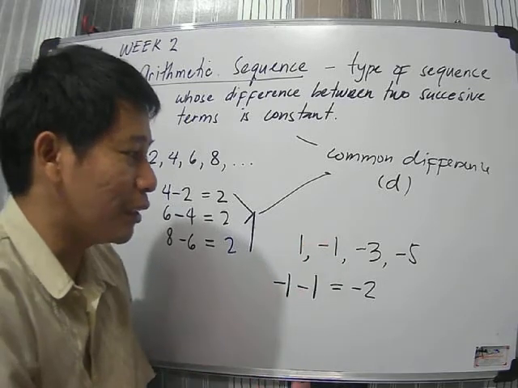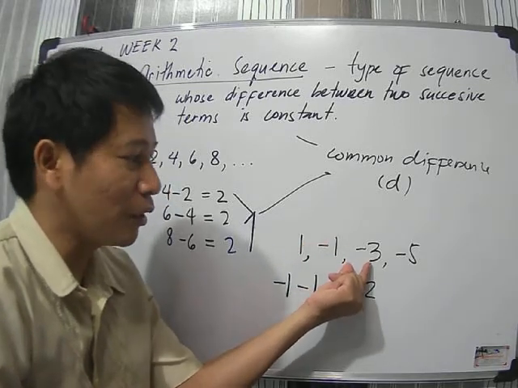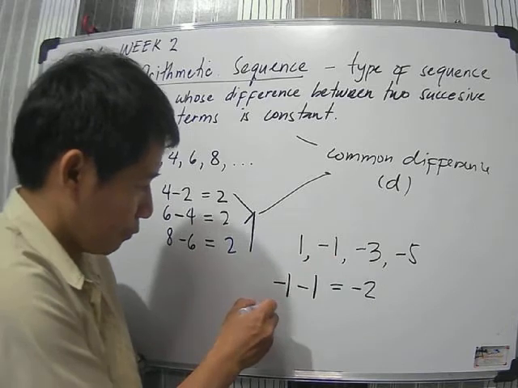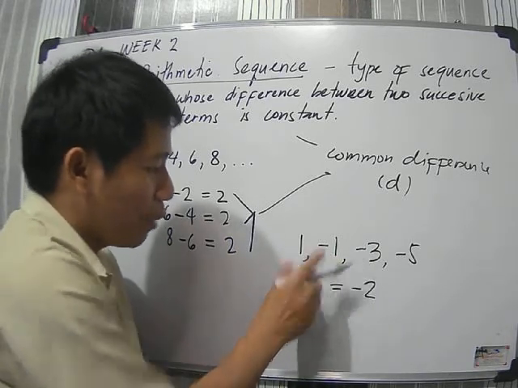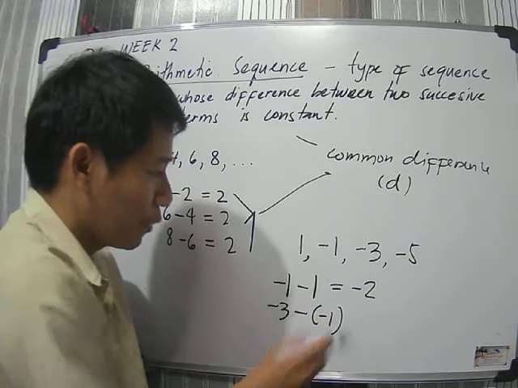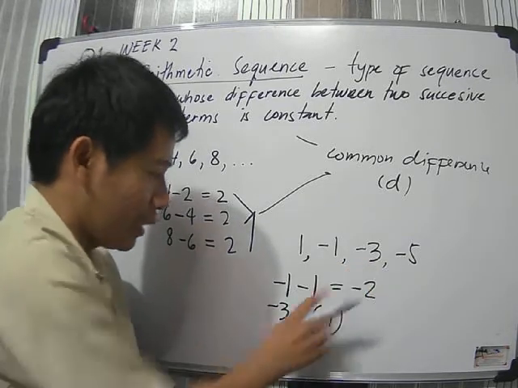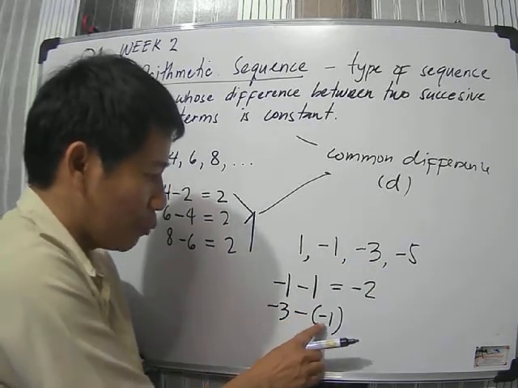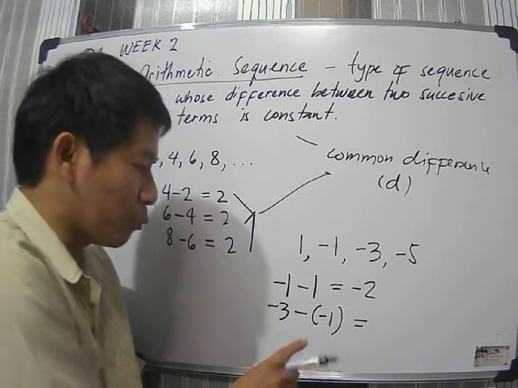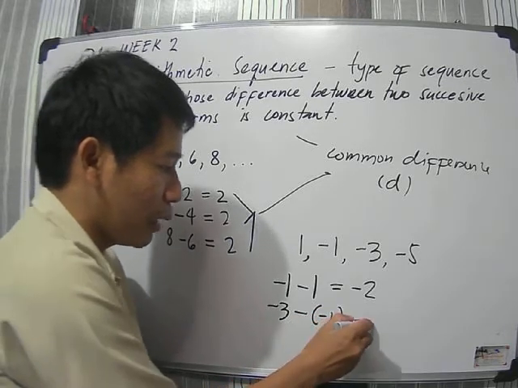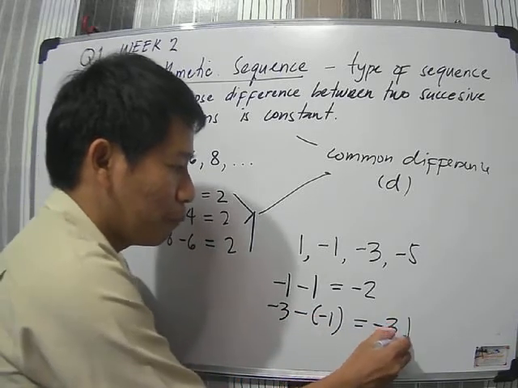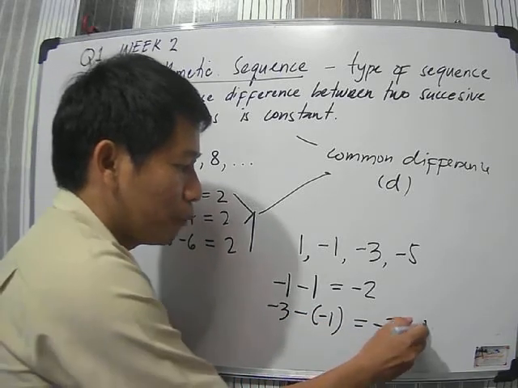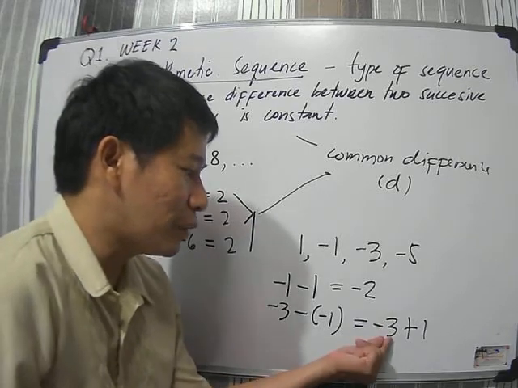Okay, tingnan natin itong dalawang successive terms na to. So, negative 3 minus negative 1. So, take note ha, if we have minus negative, that will become positive. So, magiging negative 3 plus 1.